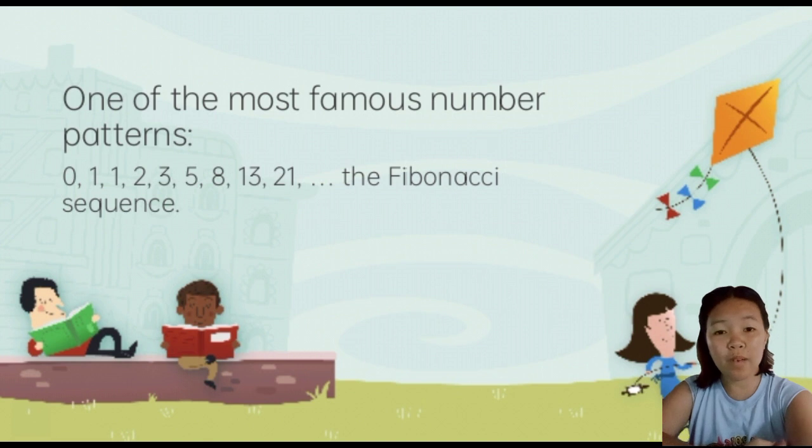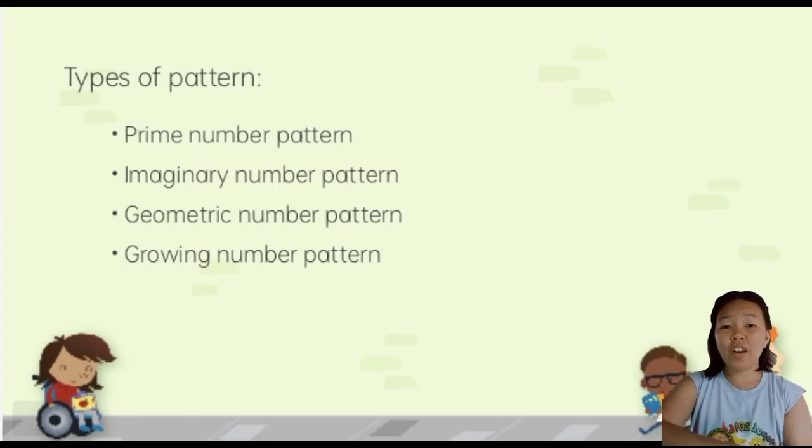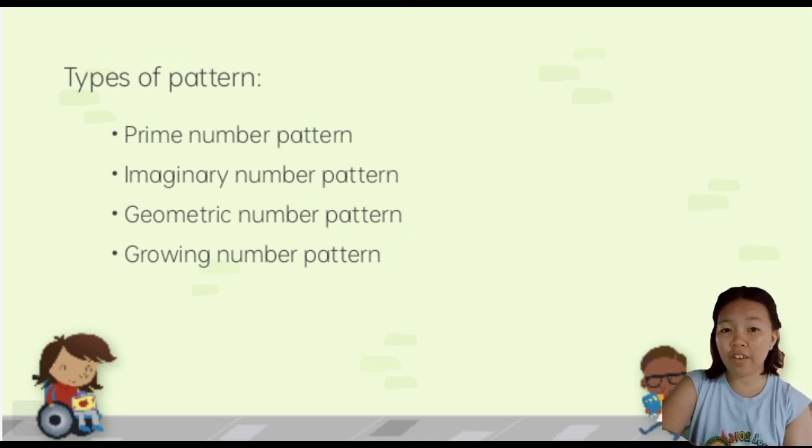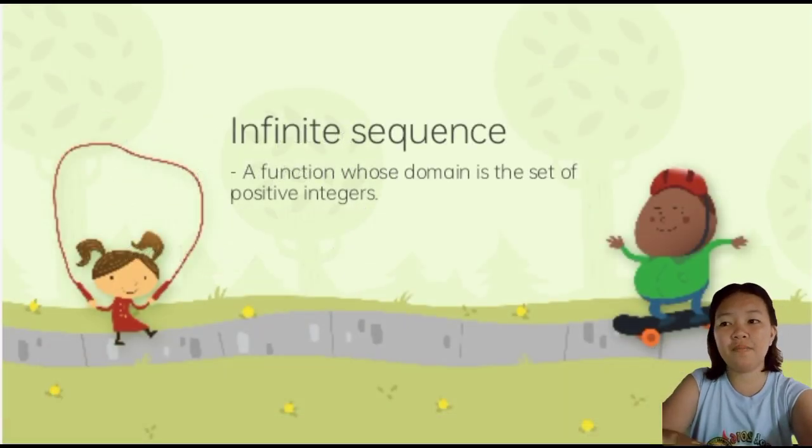One of the most famous number patterns: 0, 1, 2, 3, 5, 8, 13, 21. The Fibonacci sequence. There are 4 types of pattern, which are prime number pattern, imaginary number pattern, geometric number pattern, and growing number pattern. What is an infinite sequence?